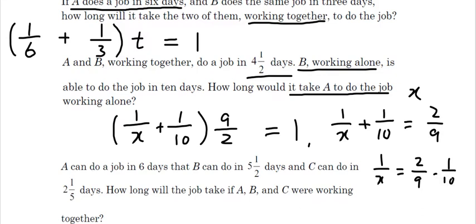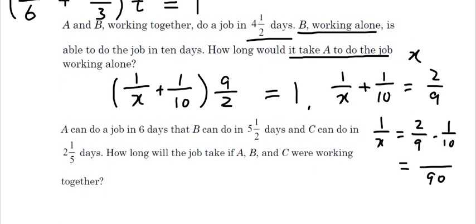We use the common denominator 90, so 20 minus 9 is 11. So x equals 90 over 11.